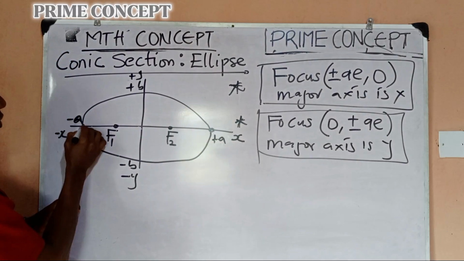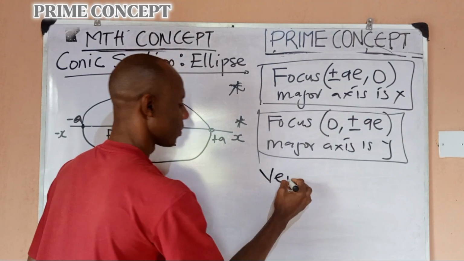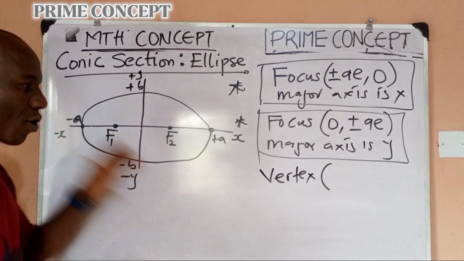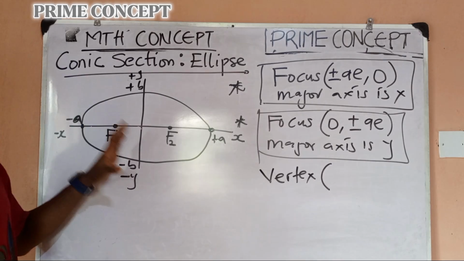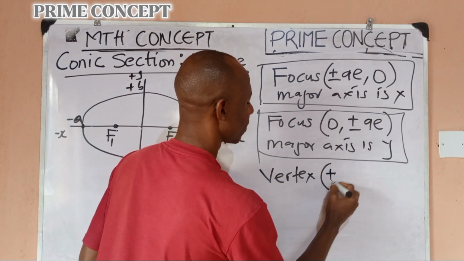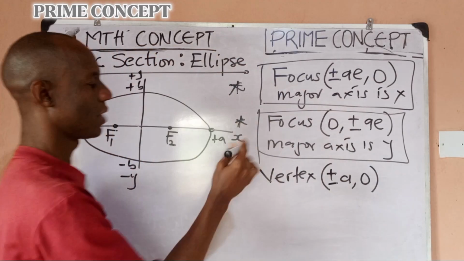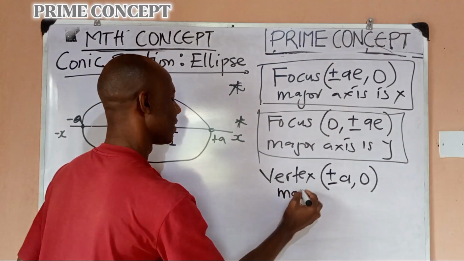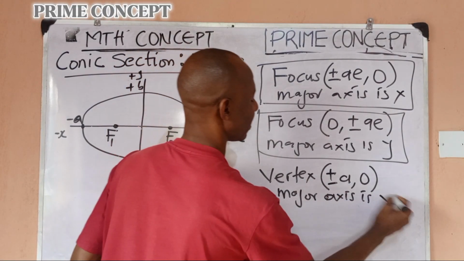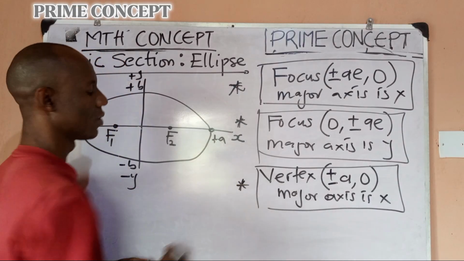Positive a, and at this point, which is point negative a. So the vertex of our ellipse, considering the x-axis as the major axis, is going to be plus or minus a and then 0. This is the vertex. The major axis is x. So this is what you would have under this condition.